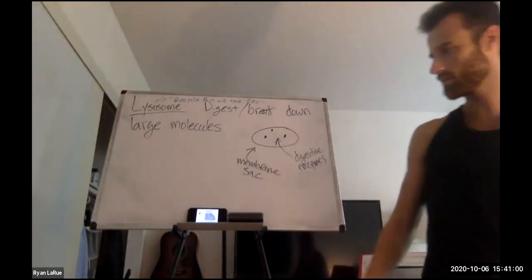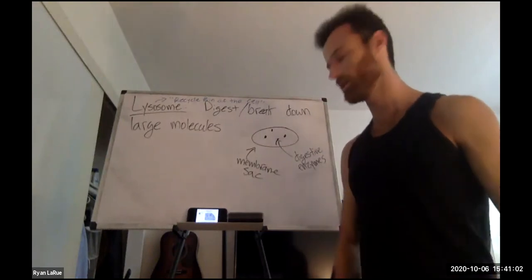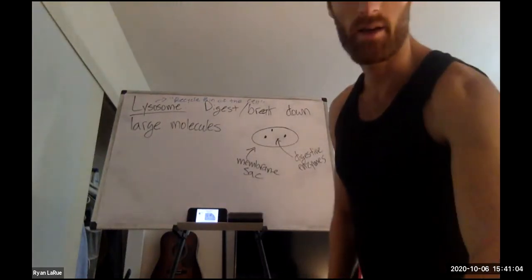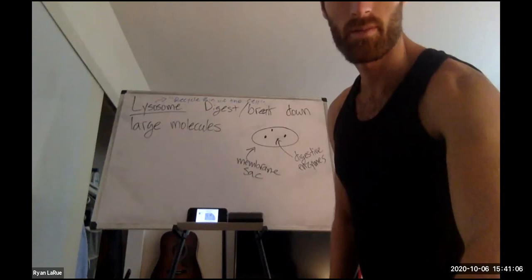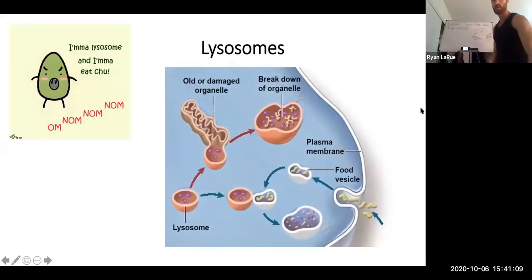When would it do this? There's a couple prominent examples. I think I have one on my slide here, one or two. Okay, so lysosomes are important, let's start with damaged organelles.